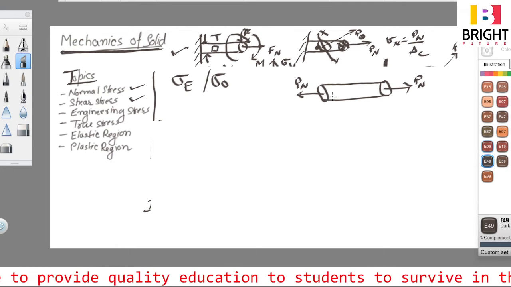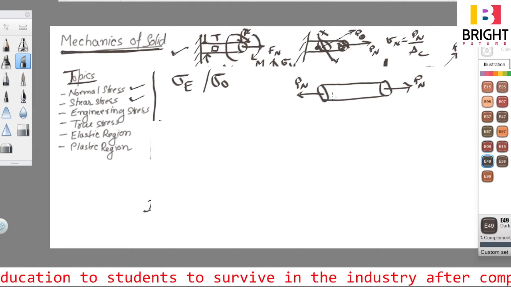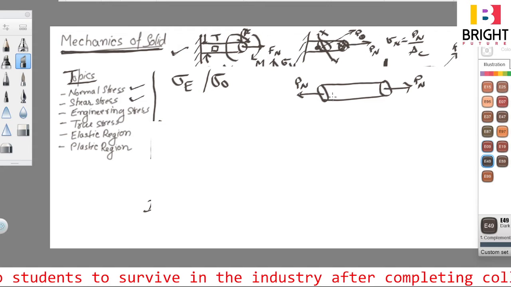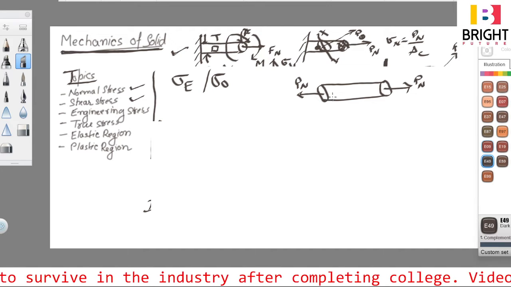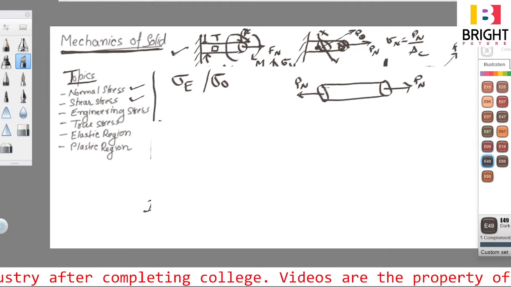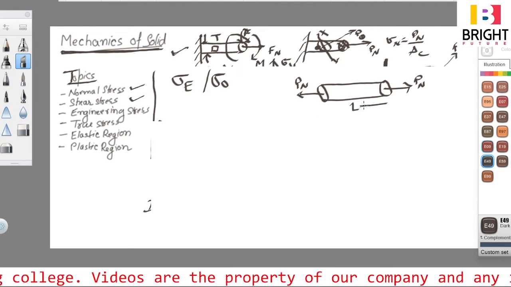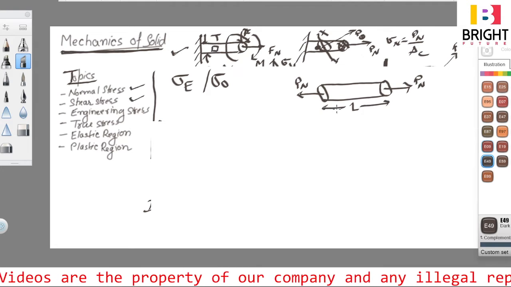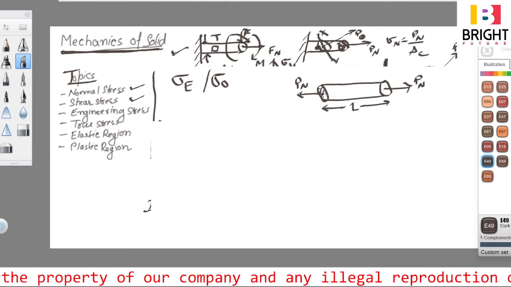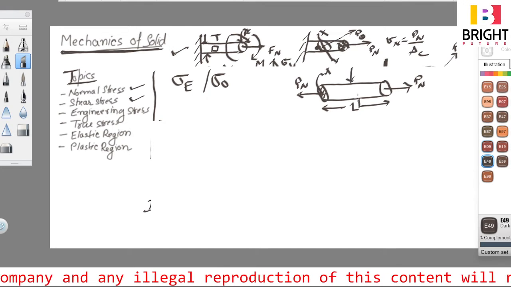When we increase the load kg by kg on our universal tensile testing machine, which is one used for testing the samples, right? So what will happen, its length will increase. Its original length is say L, its area of cross section is say A, and its diameter is say D, right?